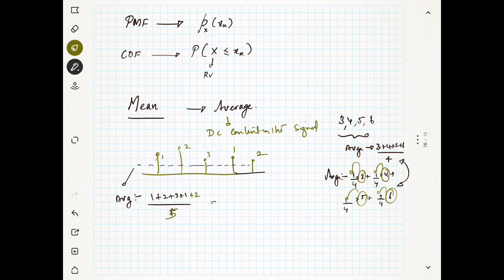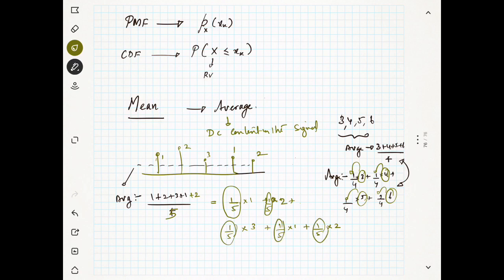So what is the contribution? It is nothing but 1 by 5 into 1 plus 1 by 5 multiplied with 2 plus 1 by 5 multiplied with 3 plus 1 by 5 multiplied with 1 plus 1 by 5 multiplied with 2. So like this it is going. You can see that the contribution of each is 1 by 5. 1 by 5 is common everywhere, right?